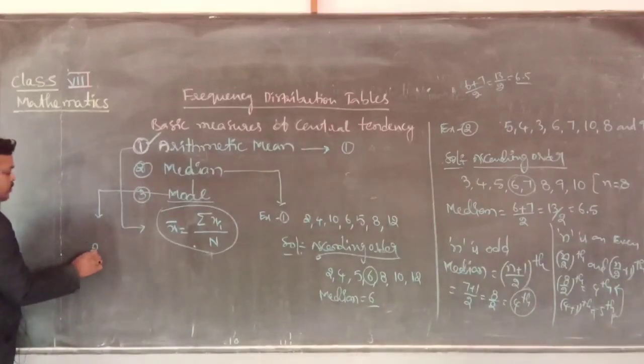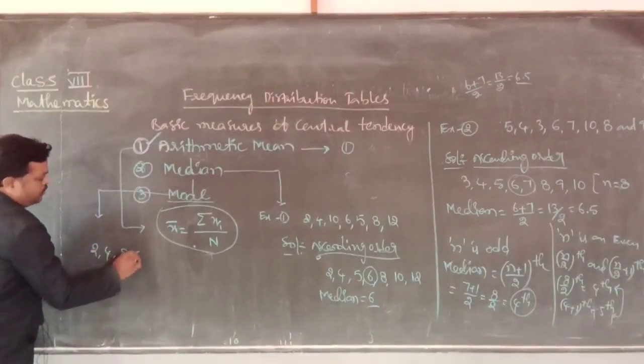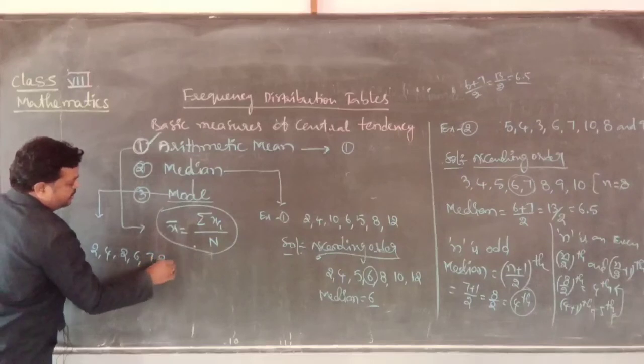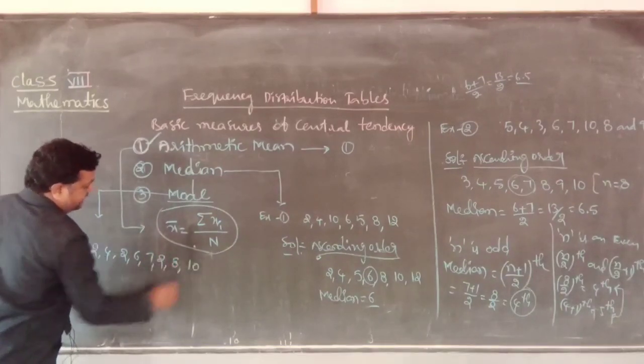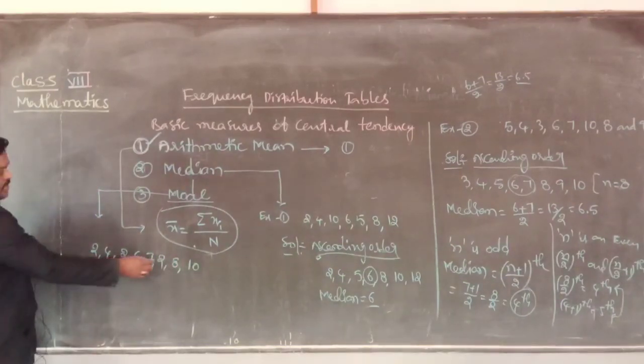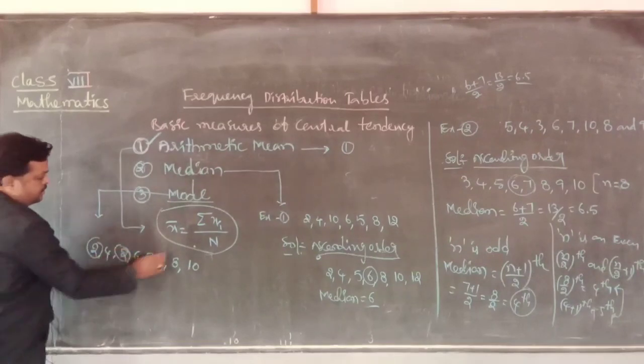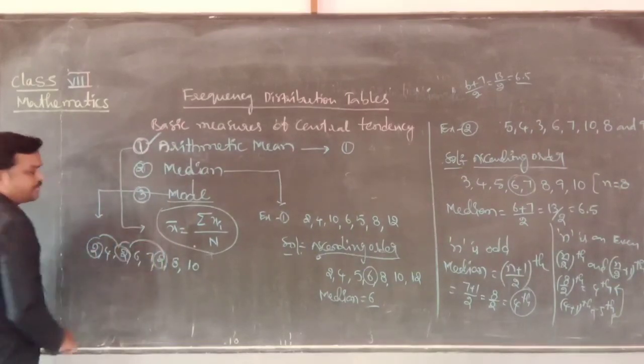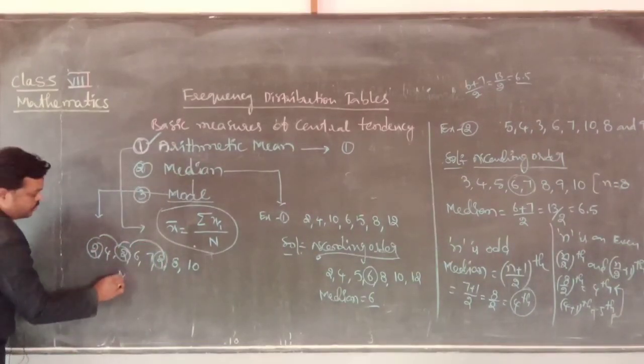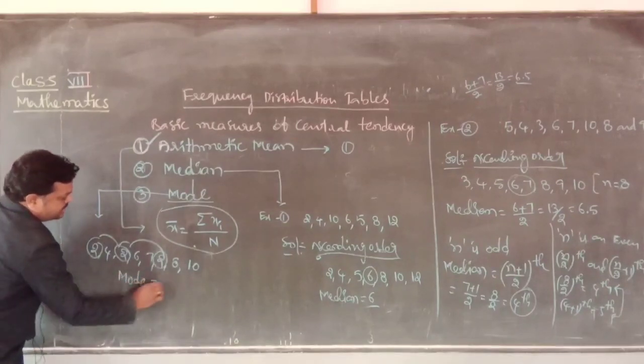See, 2, 4, 2, 6, 7, 2, 8, 10. In these observations, 2 is repeated 3 times. So the mode of this data is equal to 2.